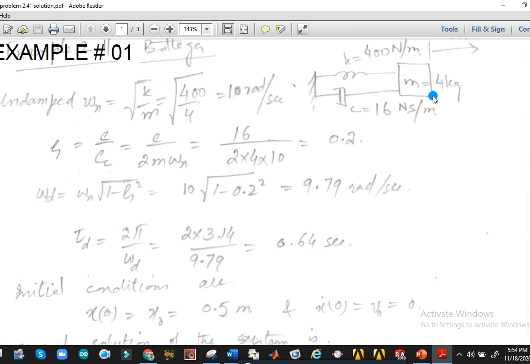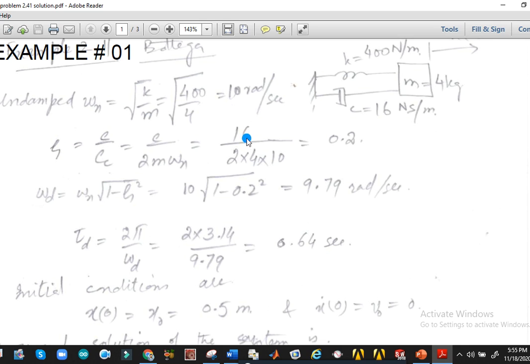How can we find omega n? We know that omega n is equal to square root of k over m. The value of k is given, mass is given. So putting the values, we have omega n is equal to 10 radians per second. So omega n is known, and now we can easily find the value of zeta. Zeta is equal to C over Cc.